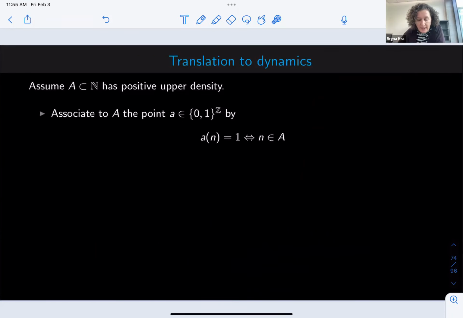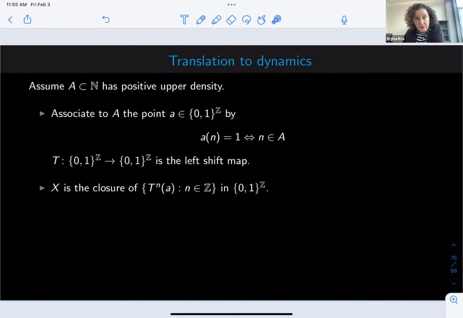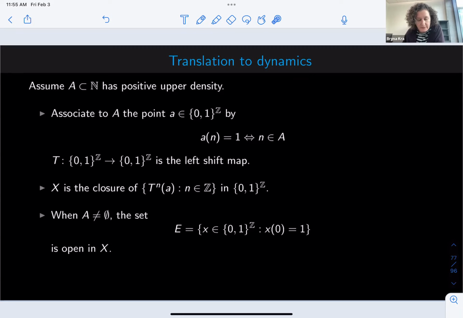So what happens is you already now hopefully are experts on the first steps of the correspondence principle. Let's say we start off with my set A, a subset of the integers. You associate to it its indicator function. Again, you take the left shift on this and you take the orbit closure of the indicator function. Okay, so we've already done this.